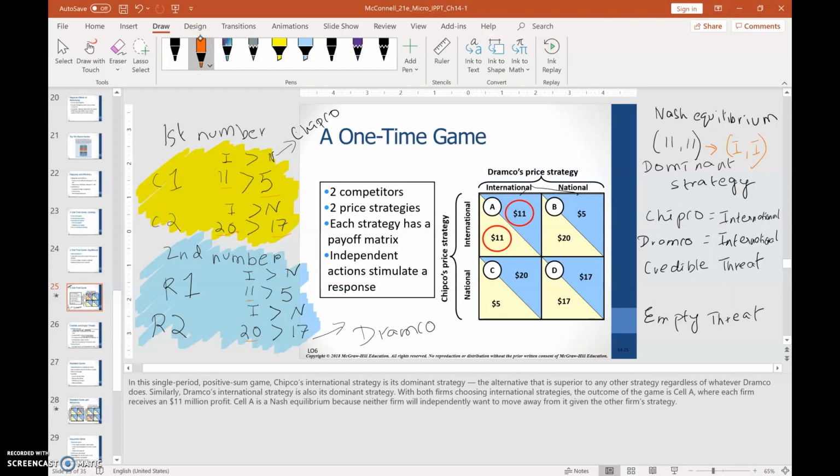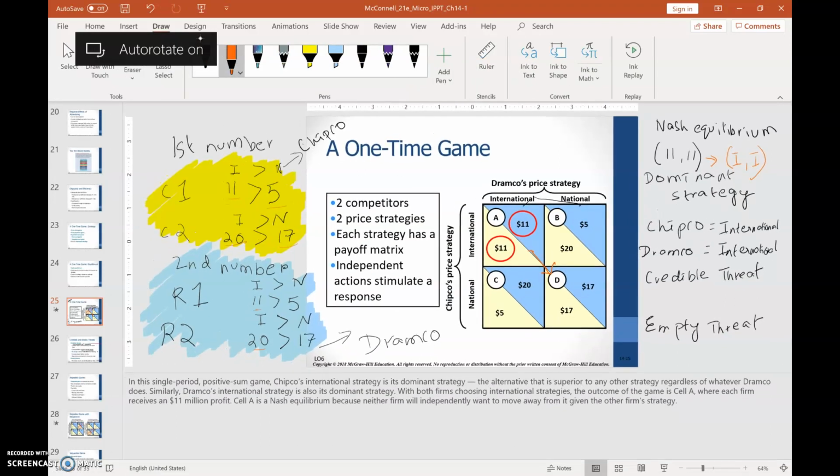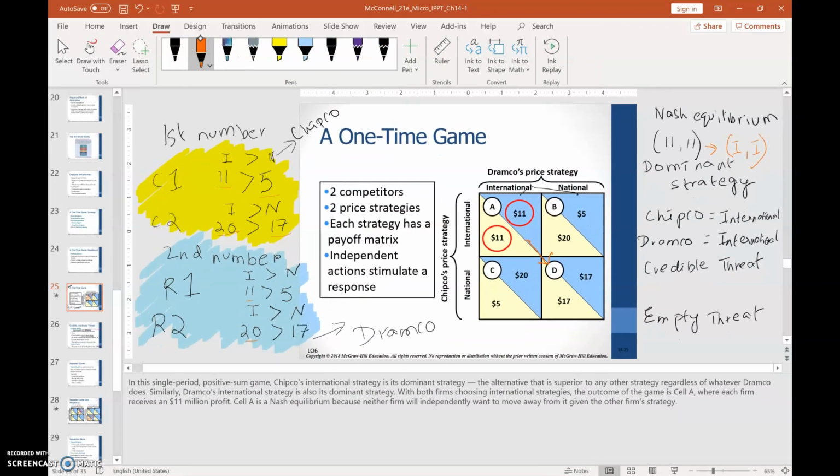If both of them choose to produce national and national, their payoff will go up. So I defined a credible threat, that is something that is believed by the rival firm.